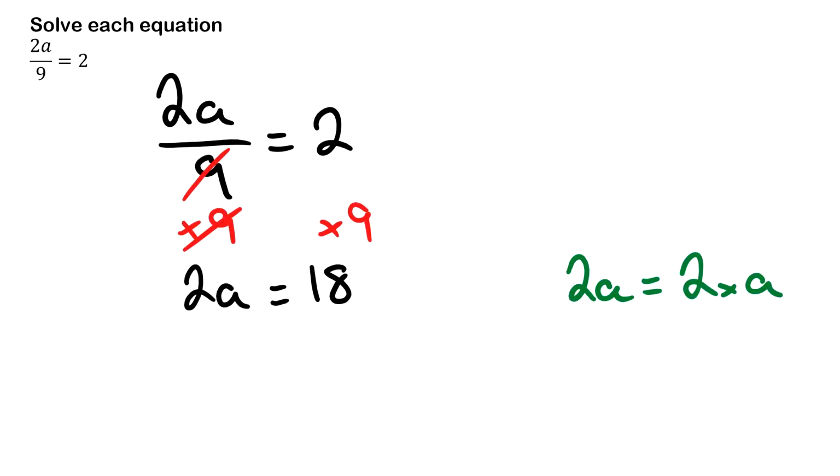So that's a multiplication, and we said the opposite of multiplication is division. So we'll divide both sides by 2. Those 2's cancel out, and I'm left with the a, equals 18 divided by 2, which is 9. So there you go, that is your solution. All you do is one step at a time, doing the opposite of what you're trying to remove.